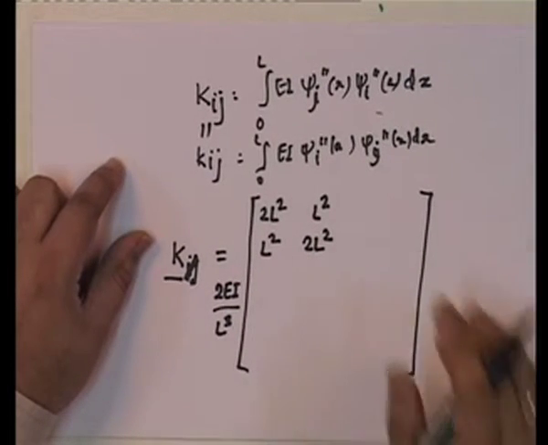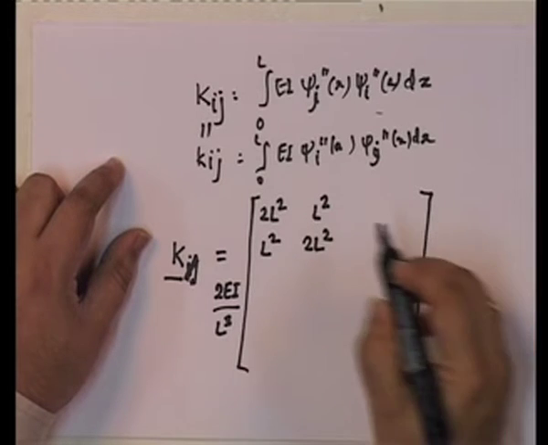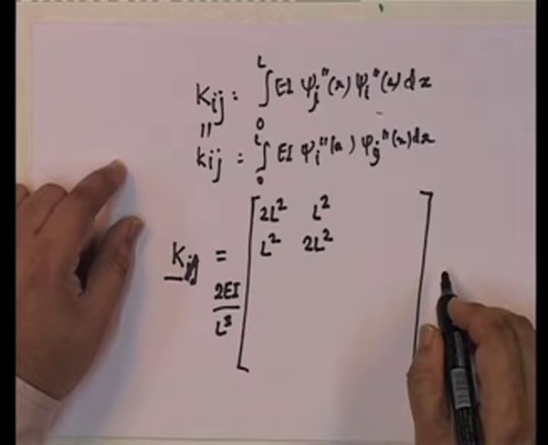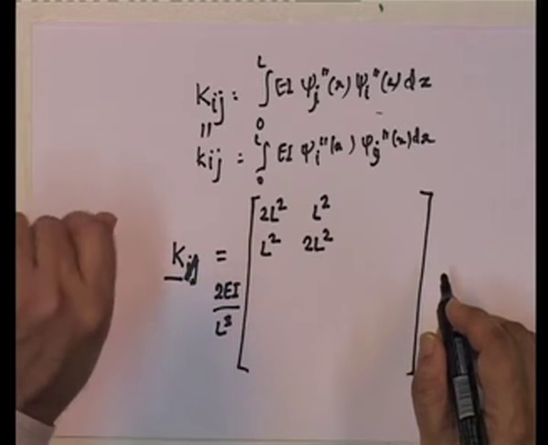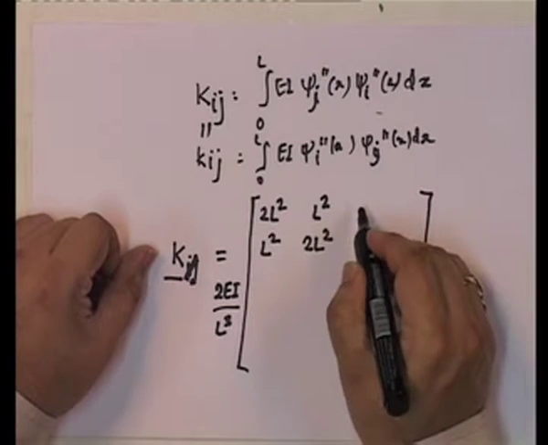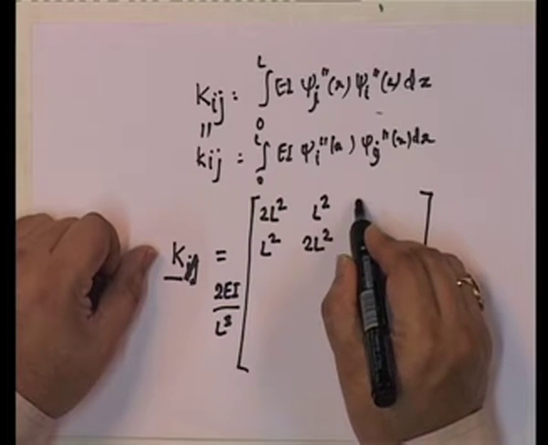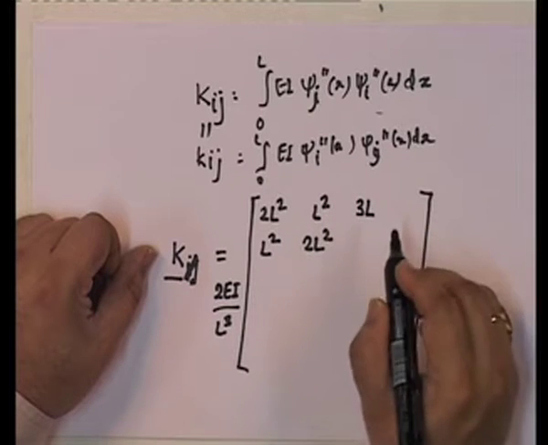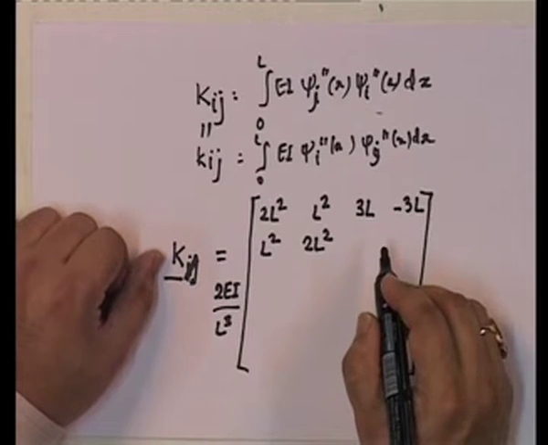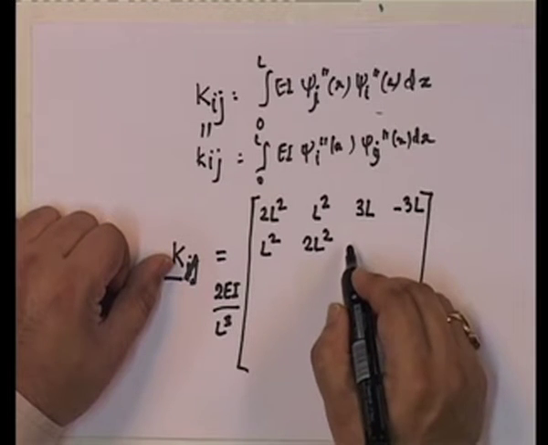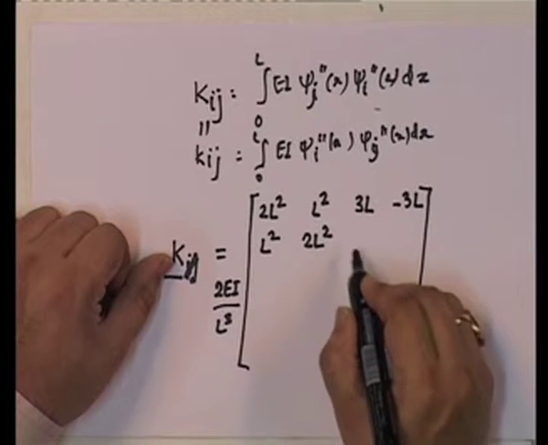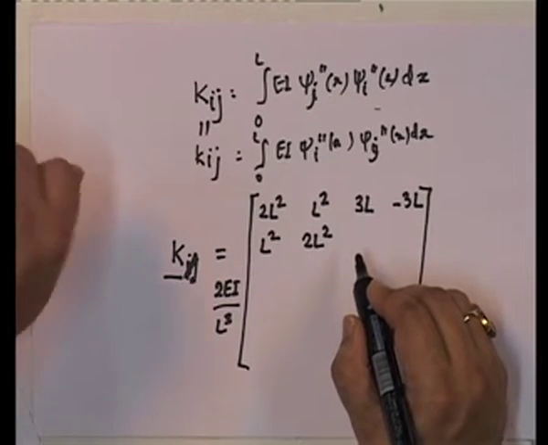So, this is what it is, and then if you look at the left end, this one becomes positive. So, this is equal to 6 E I by L squared. This is minus 6 E I by L squared. Similarly, this one goes this way.